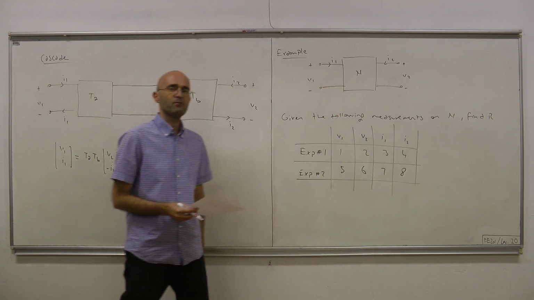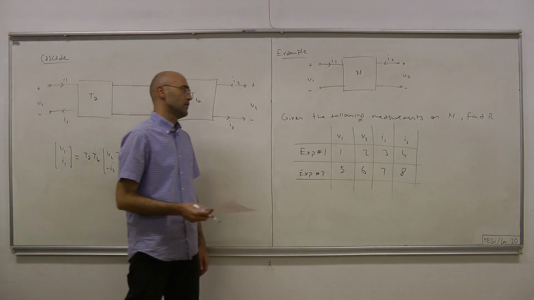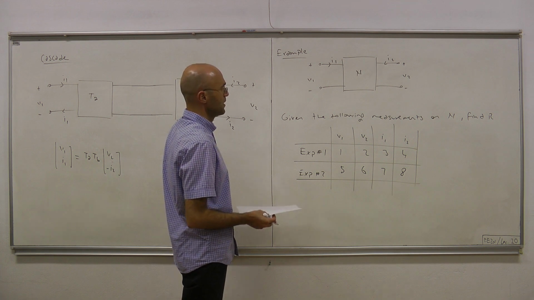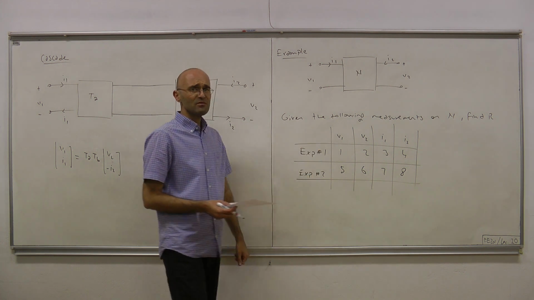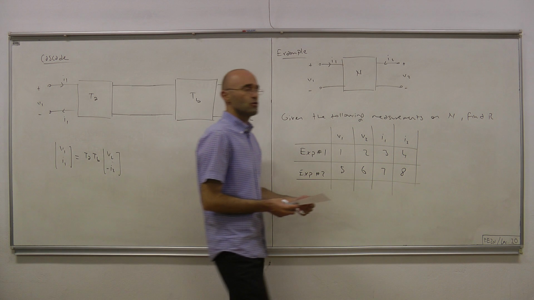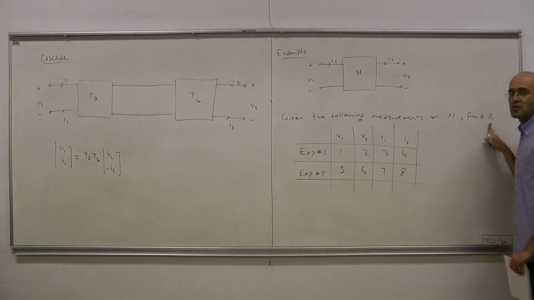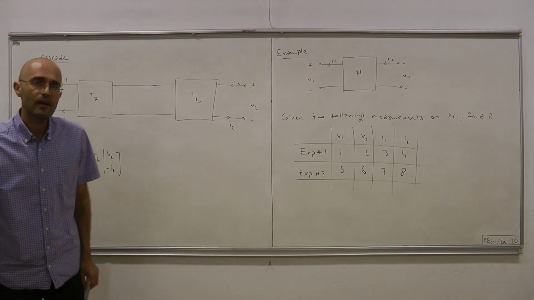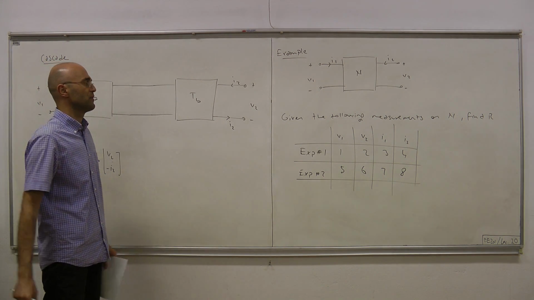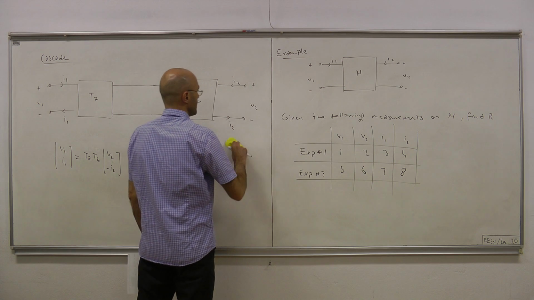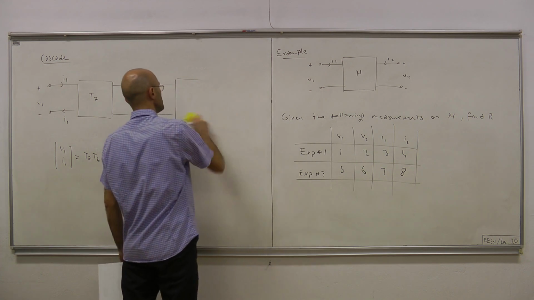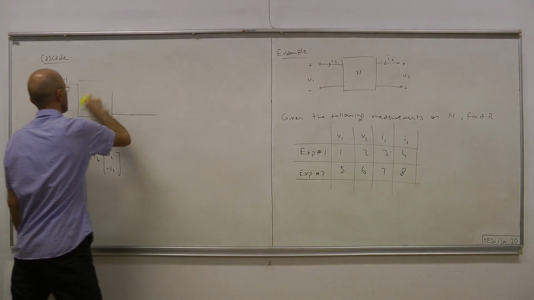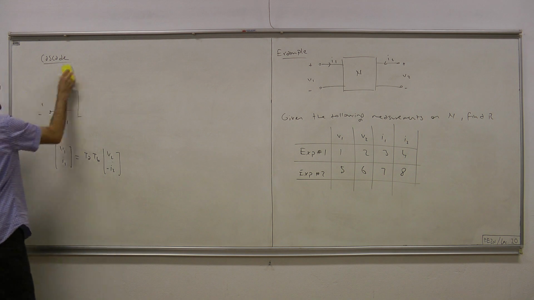So we have those two sets of experimental results, and from those measurements, you're asked to find the resistance matrix. All we have to remember is the definition of resistance matrix, and then by using those 8 numbers, we can easily compute that matrix.